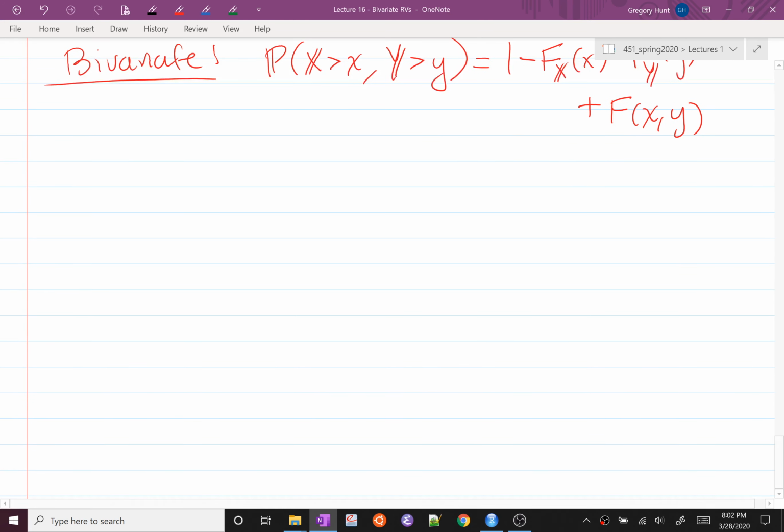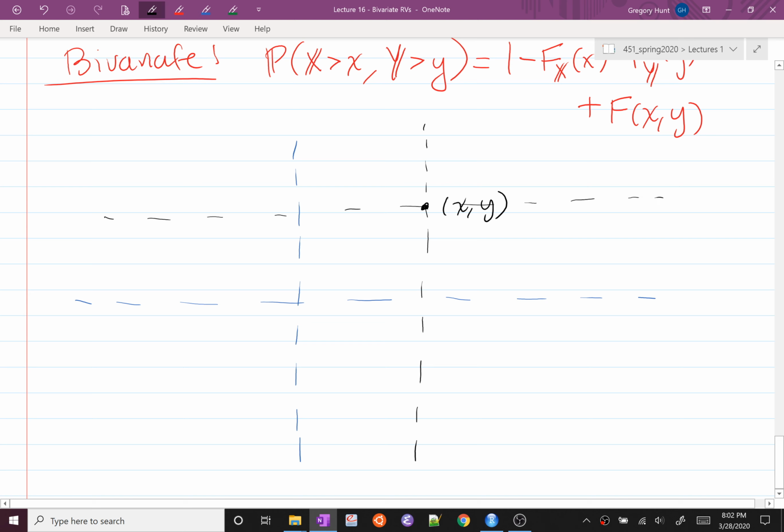And this proof really lends itself to a picture. So let's draw my two axes here. And then let's specify a point, x comma y. And I'm going to draw some lines through this. What I really want is the probability of this.